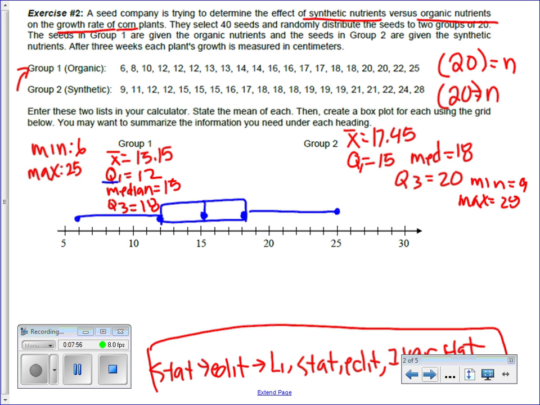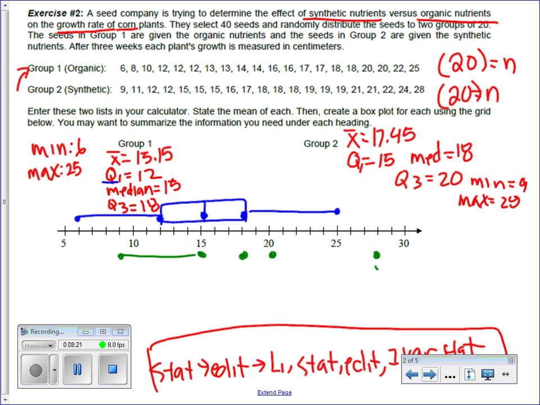Okay, so now I'm going to make a box and whisker plot for this information. So I am going to start with the min and the max. The min is 9. The max is 28. Okay. Then Q1 is 15. The median of the whole set of data is 18. The Q3 is 20.